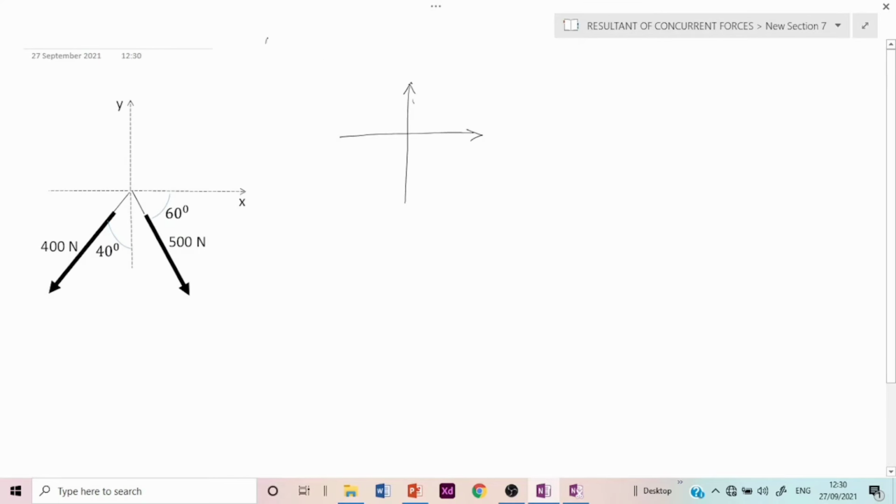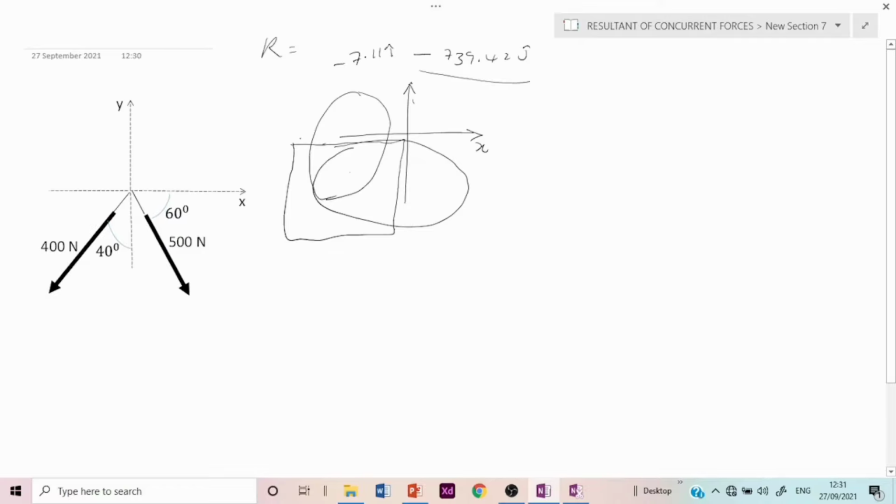Because the resultant has a negative component on the x-axis, it's going to be around this region, and it has a negative component of y as well, so it's going to be around this region. So where do the two regions meet? It's going to be this plane. So our resultant is going to be on this plane.